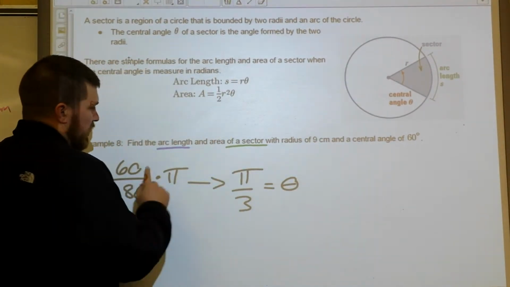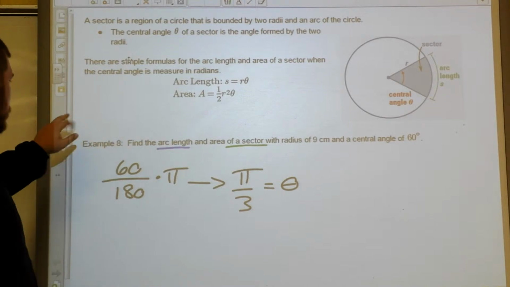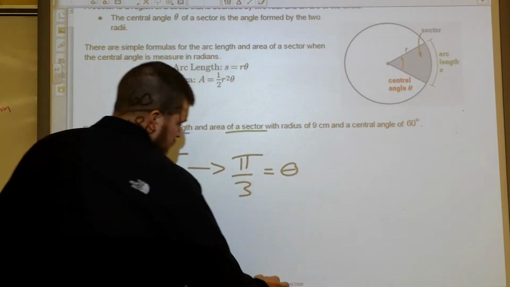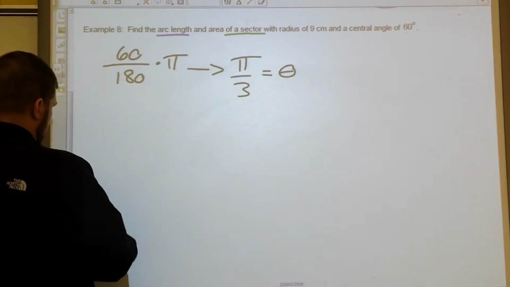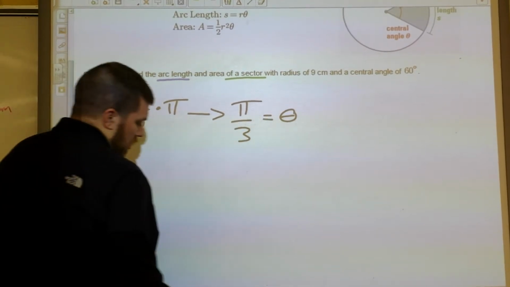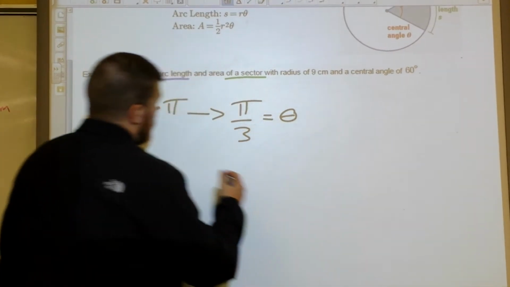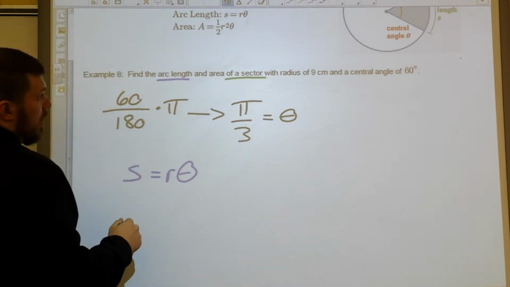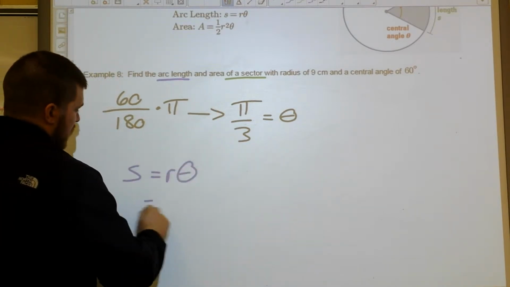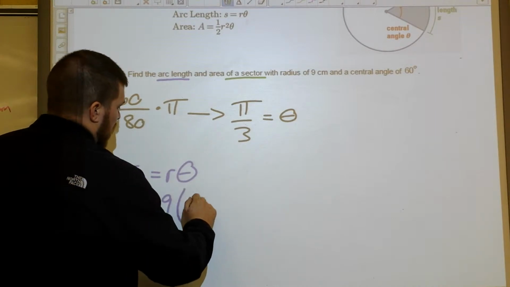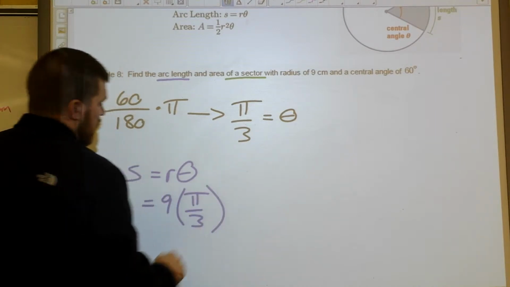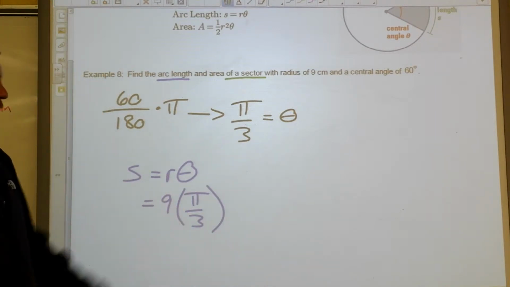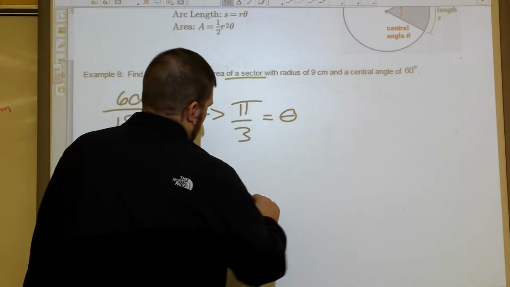Okay, so this is my theta that I'm going to be using. Now that I have that, let's find arc length, and I'm just using this formula. So my arc length is r times my theta. So my r in this problem was 9. So we have 9 times pi over 3. Well, 9 divided by 3 is 3, so I have 3 pi.